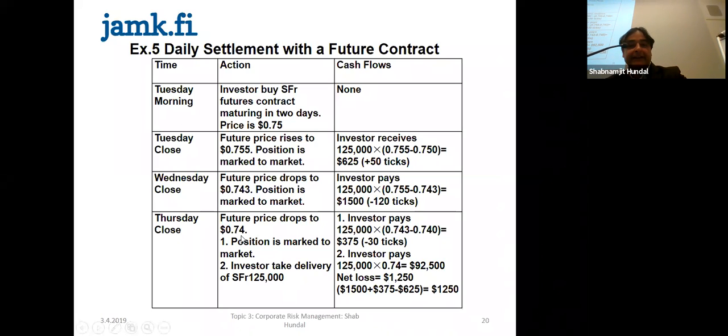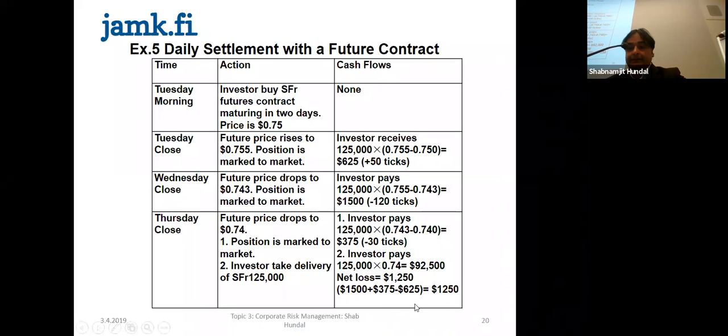Well, the final price is 74. So multiply 125,000 Swiss francs with 0.74 American dollars. It comes out to be 92,500 American dollars, the home currency. But you also adjust for the loss, which is 1,250.